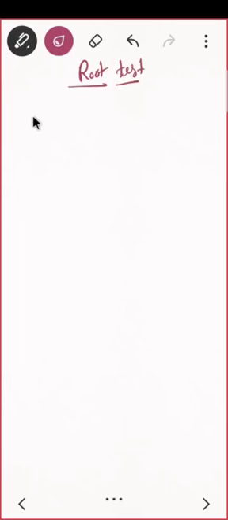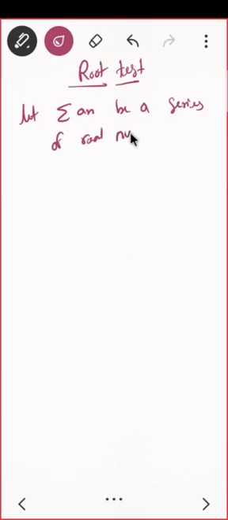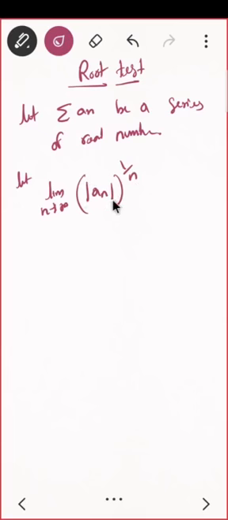Let summation of a_n be a series of real numbers. Then here you have to find the limit as n tends to infinity of the modulus of a_n raised to 1 by n, the nth root of a_n. If this limit exists and is equal to L, then we say the following.